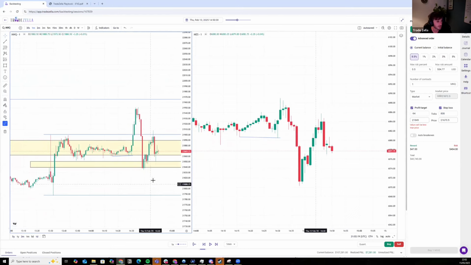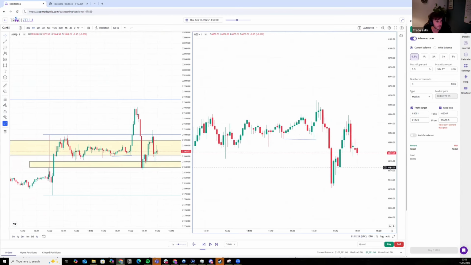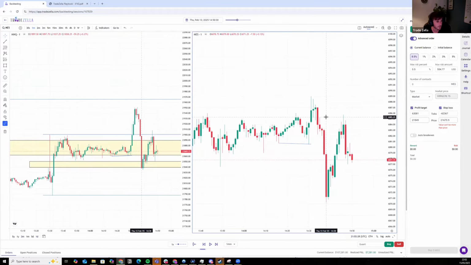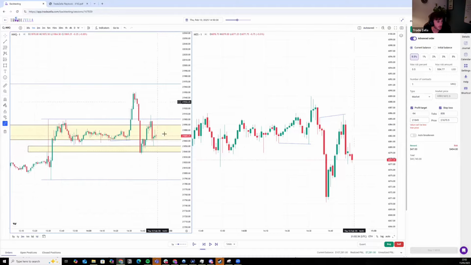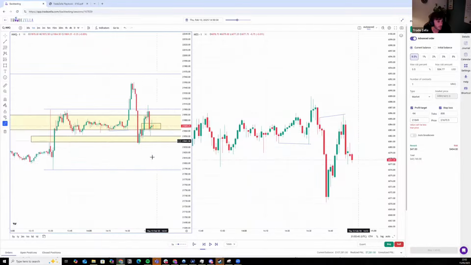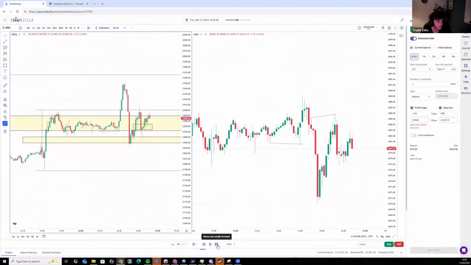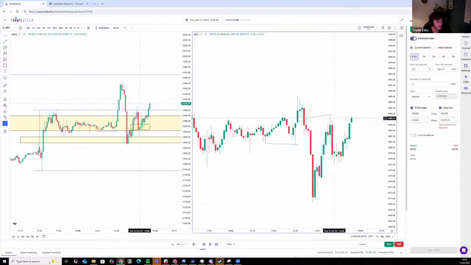We come down, we take all this. Oh, I've accidentally skipped on the 15-minute here, haven't I? Here's an SMT here. Inverse would be this. And you could possibly target data lows. There's an inverse.